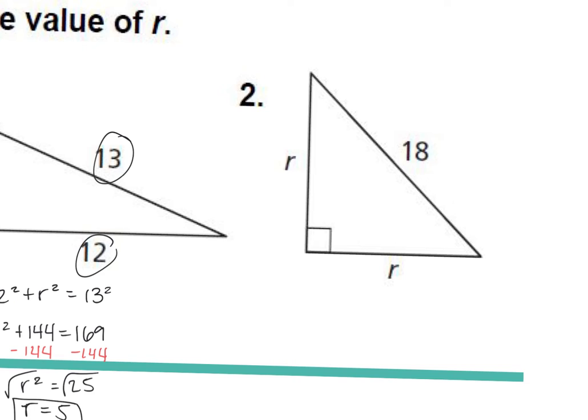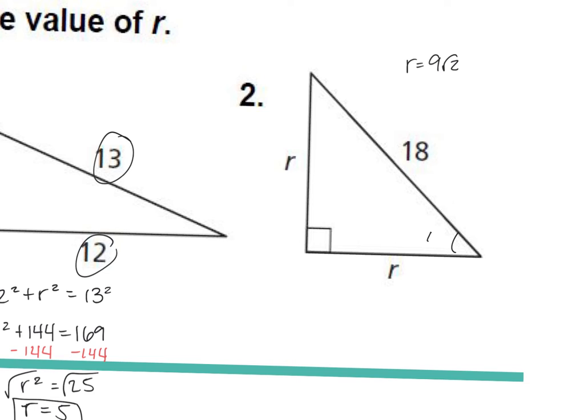R, and 18. There's 2 ways to do this problem, okay? Did anyone do this one? You should have gotten r equals 9 times the square root of 2. Hey, Chelsea just said it.